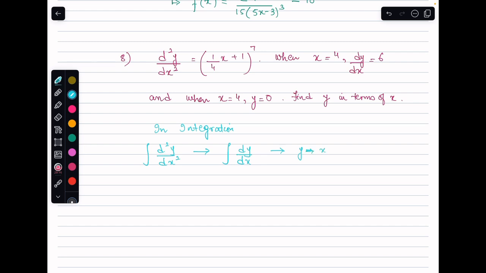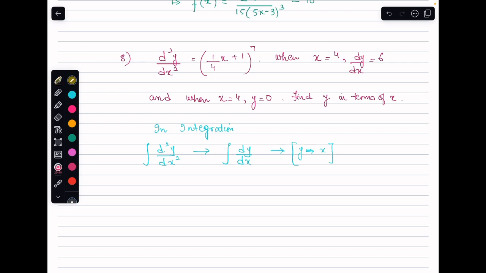So these are the two steps we should be following here. I should first integrate d2y over dx squared to get the gradient equation, and then that gradient equation shall be integrated again to get y in terms of x. So let's start working on this topic.